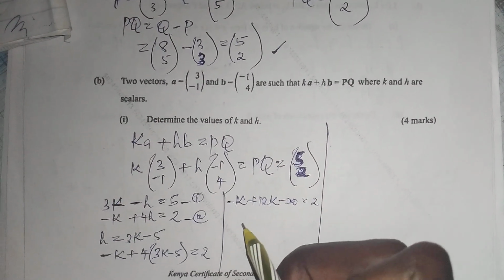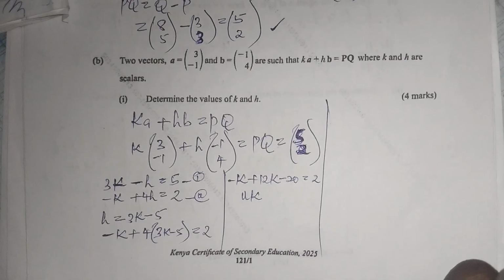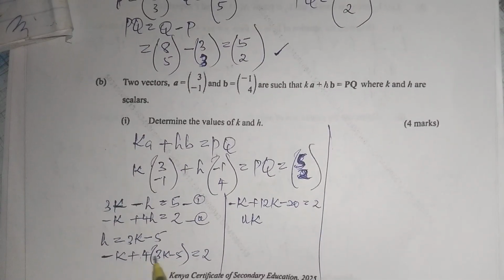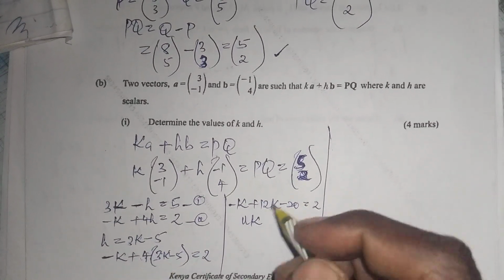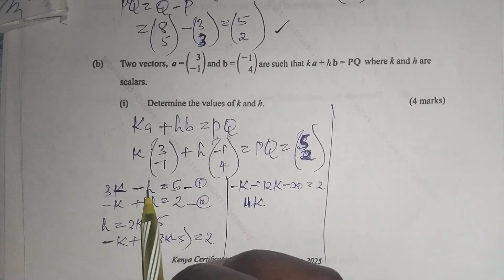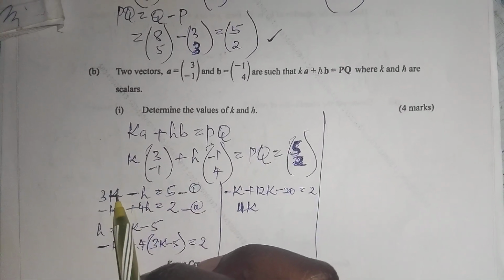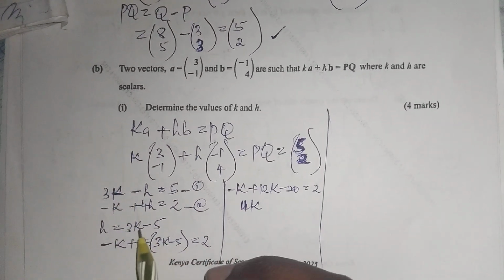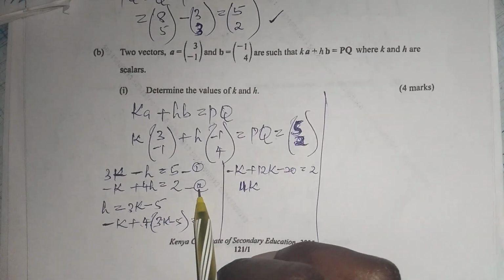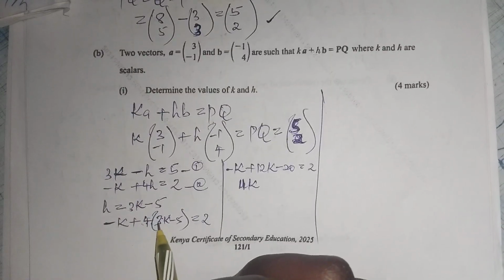We said we make H the subject, so H goes this side, and this one goes to the other side, becoming 3K minus 5.